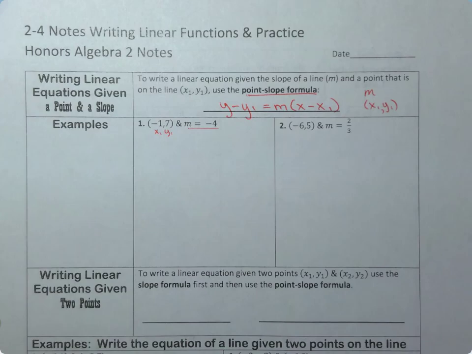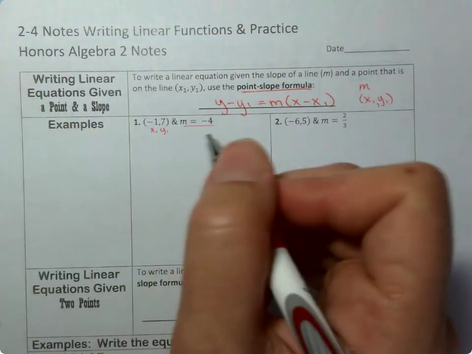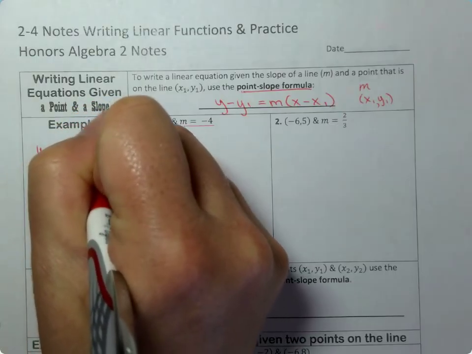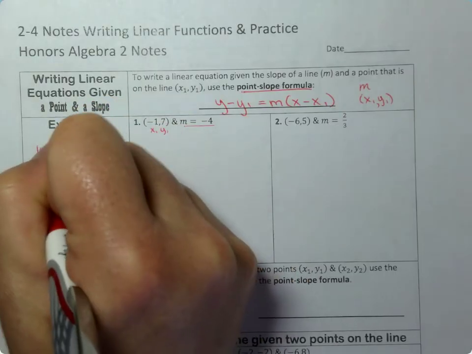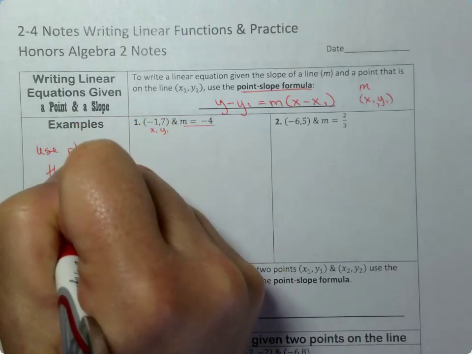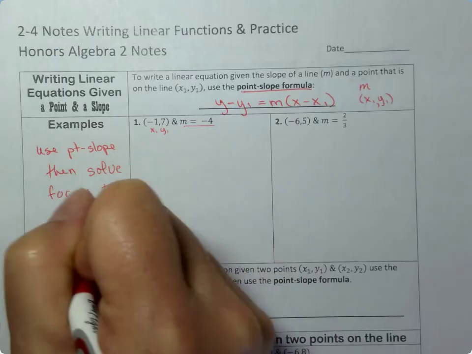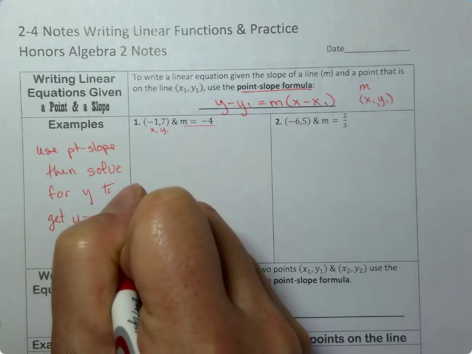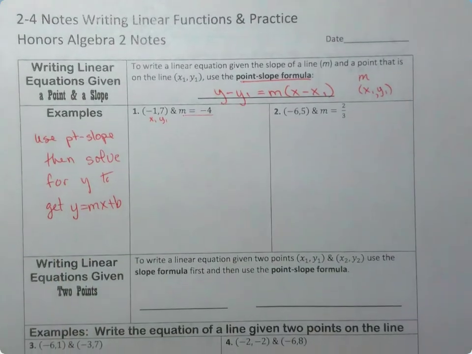And what we're going to do is we're going to use point-slope formula. Okay, so I'm going to use point-slope, then solve for y to get y equals mx plus b. And what is y equals mx plus b?